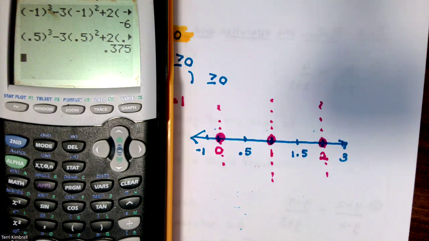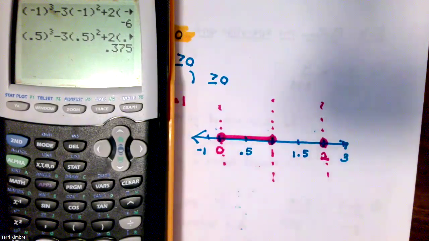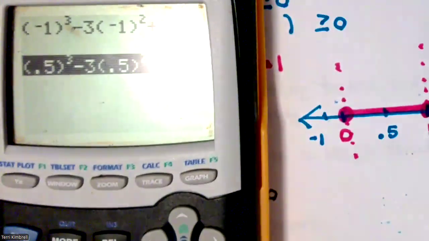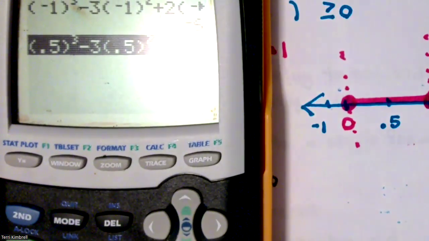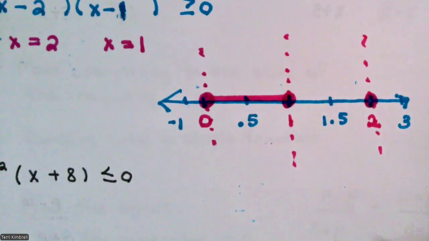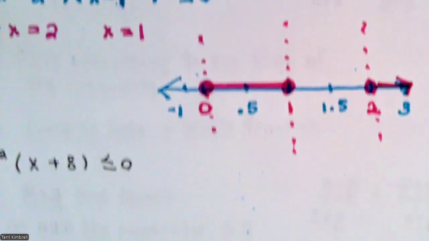So 0.375 is bigger than 0. So this part is going to be correct. And then you can go back to it again and highlight over it and then put 1.5, okay? So that part was false, and then the part to the right was true.